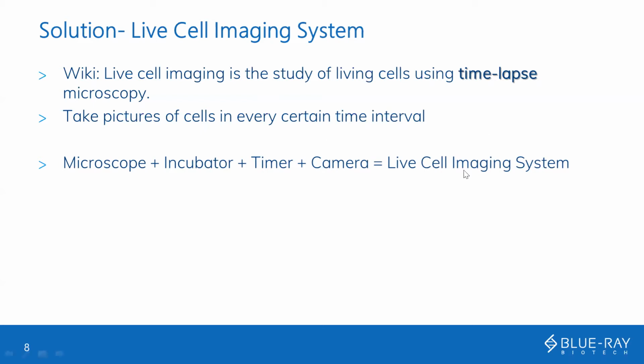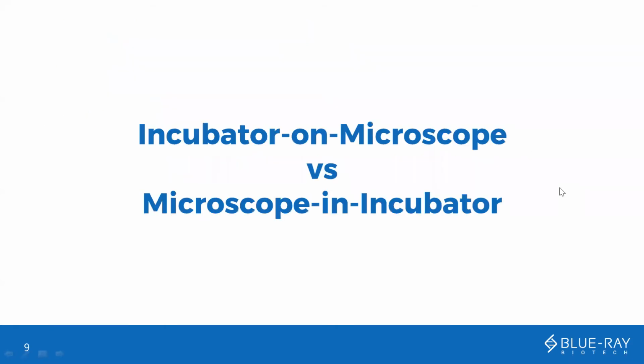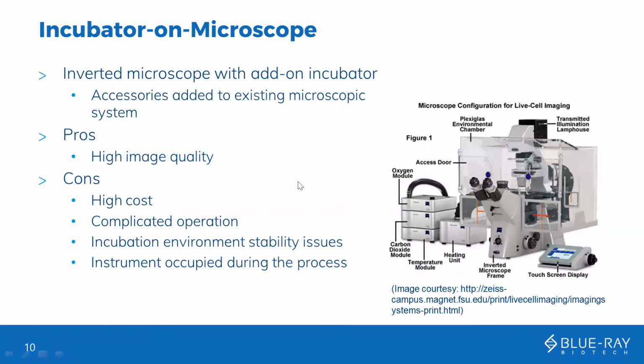Now in the market, there are two major concepts of this system. The first one is incubator on microscope, and the other one is microscope in incubator. Let's check out the first one, incubator on microscope. This is a microscope with an add-on incubator. Many accessories need to be added, including a temperature control accessory, a gas control system, and other accessories.